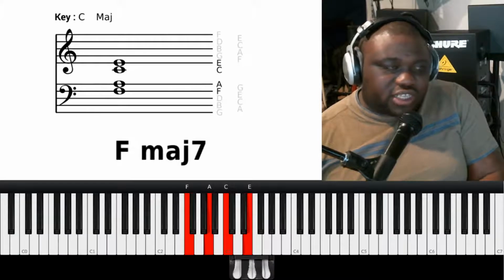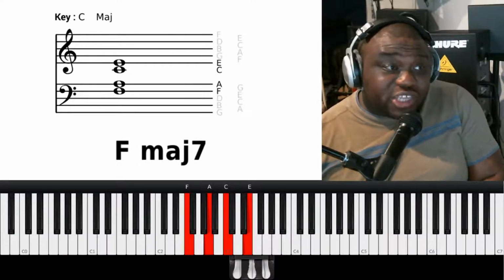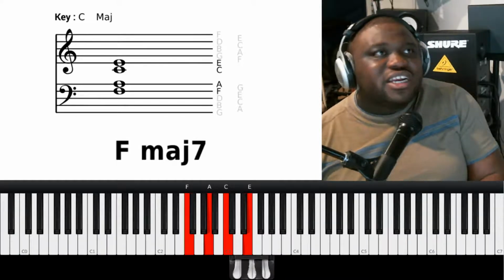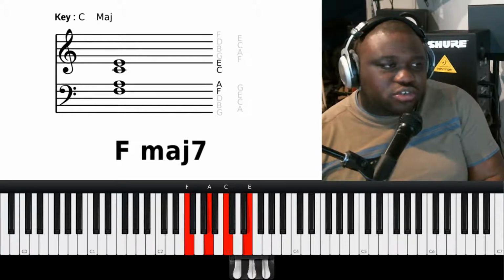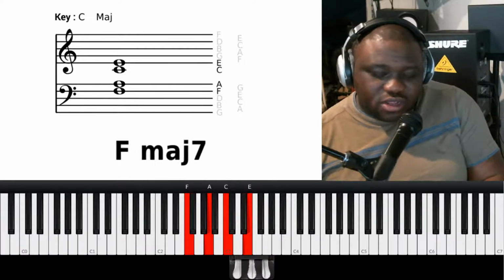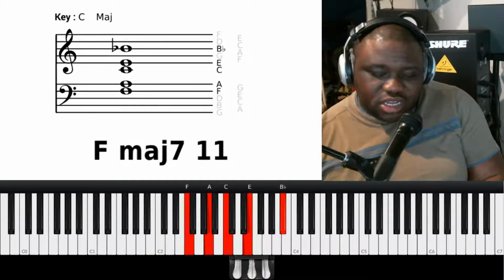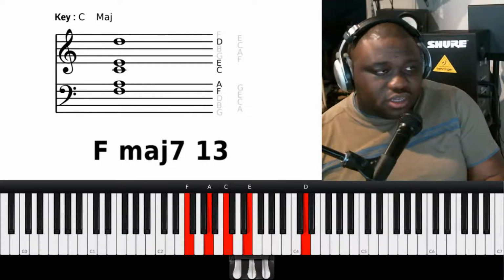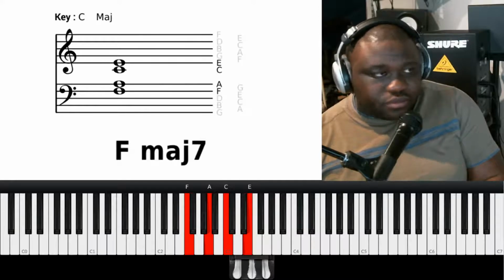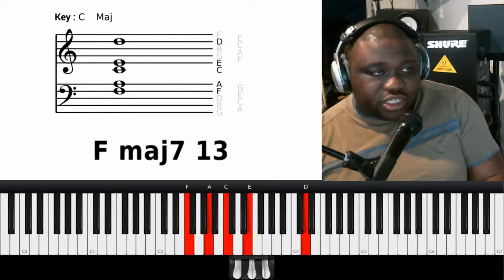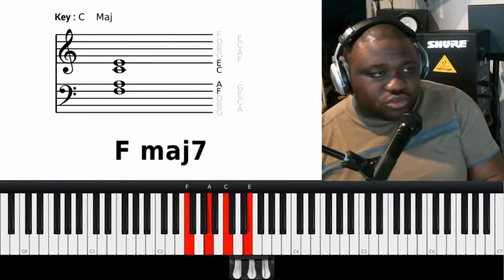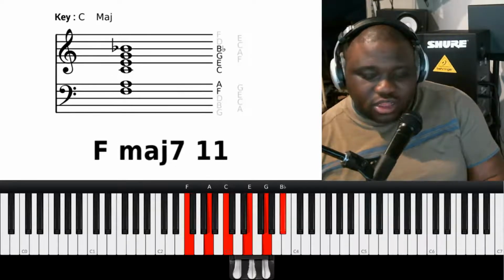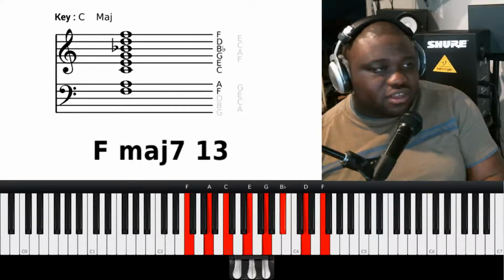Remember, the extensions are just kind of a repetition of itself, and it's the 2 and the 4 and the 6, right? This is the 2, this is the 4, this is the 6. Okay, so in other words, the 13, right? The 6. So the 2, the 4, the 6, and then back to F. You guys get it?